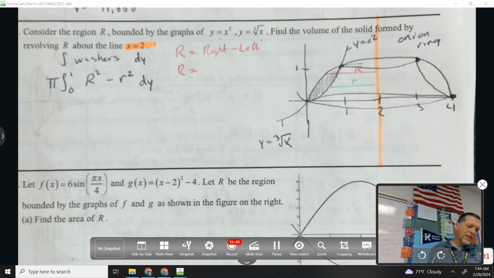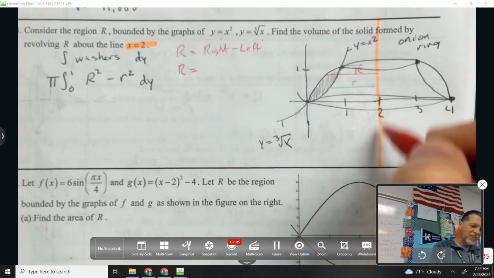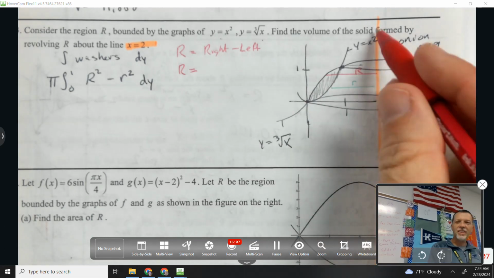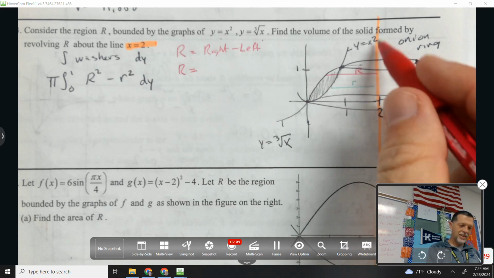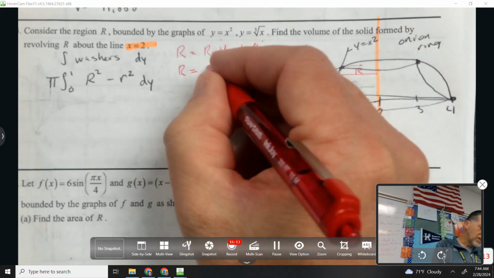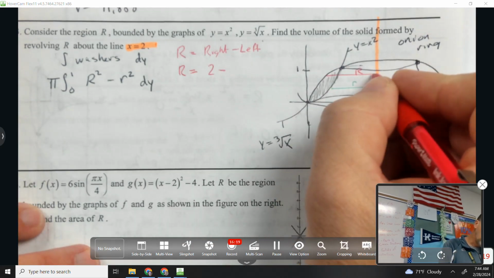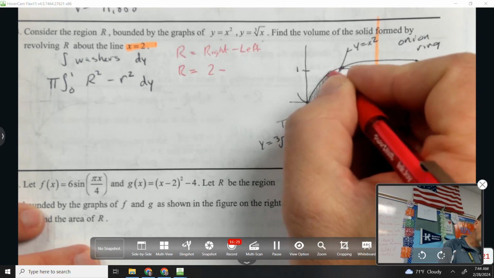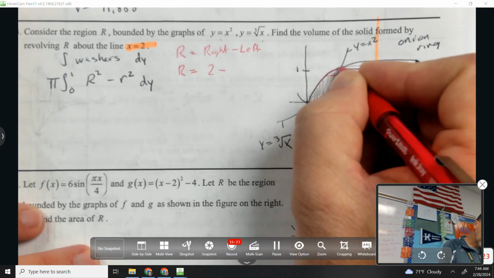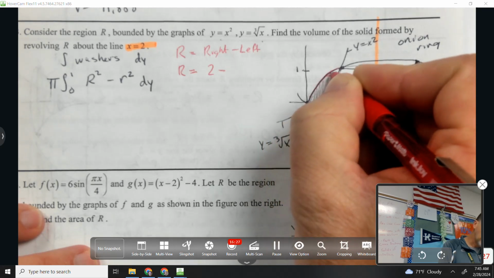So right minus left, looking at R, the right-hand side attaches to this. What is this? That's 2. The left-hand side, for the outer radius, attaches to this. What's that? Which one is that?